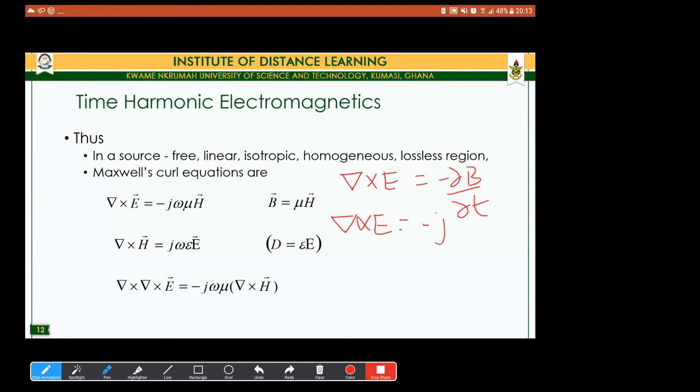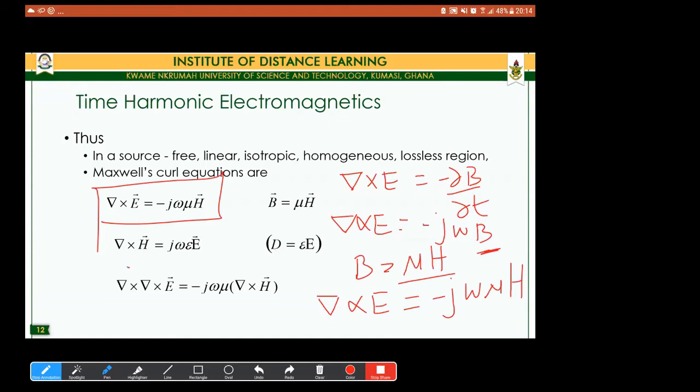Minus j omega B. And we know from the constitutive relations, B equals what? Mu H. Therefore, curl of E must be equal to what? Minus j omega mu H, if you substitute B by mu H. And that is what you have here.